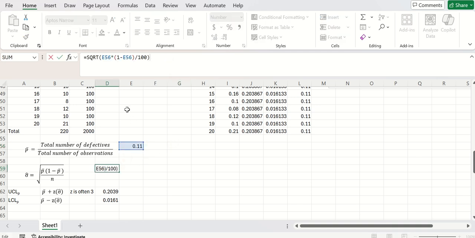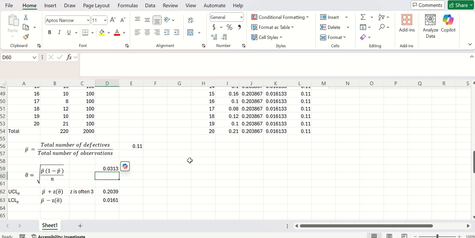Let's take a look at it. It says take the square root of the proportion that were errors or defects multiplied by 1 minus the proportion that were defective, divided by n, which in this case is the number that we sampled each day, which is 100. So in this case, our estimated standard error is 0.03.